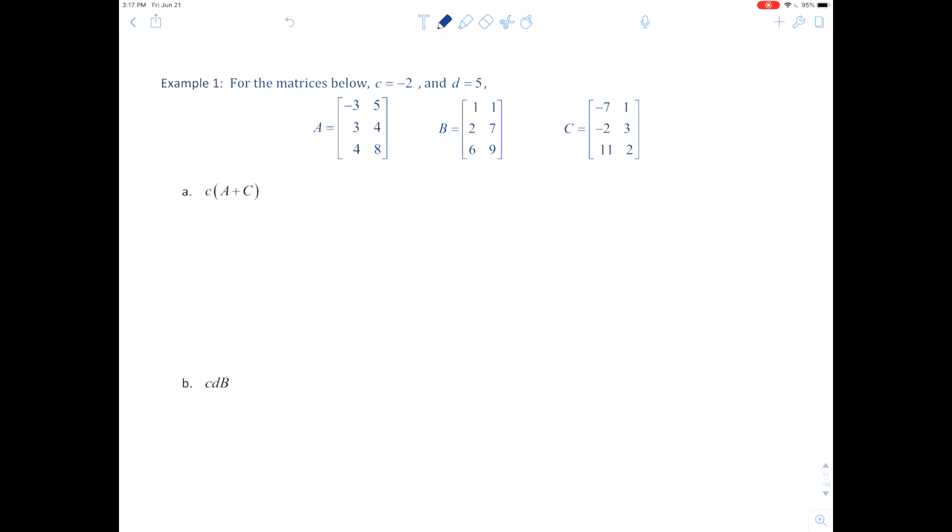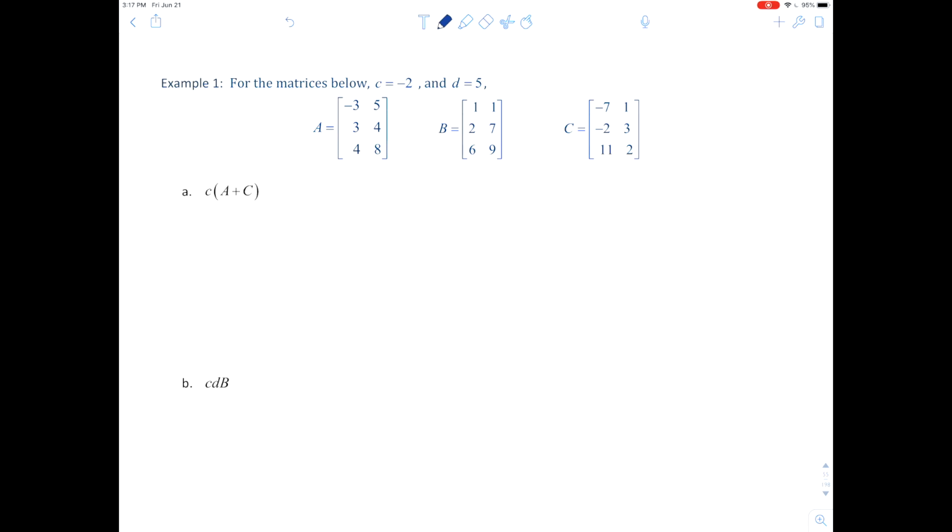Then just think to yourself, what are you combining? Are you changing them around using properties? We use these properties all the time, but we don't even think about it. It's so normal to us. So anyway, good luck. Okay, let's see how you did.